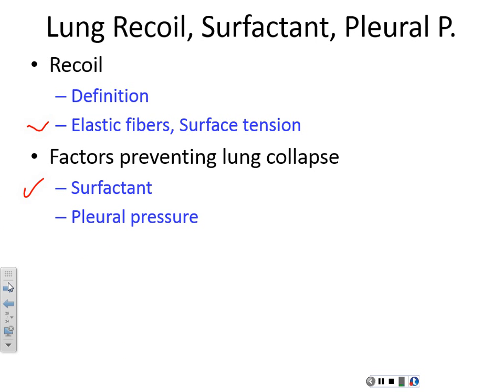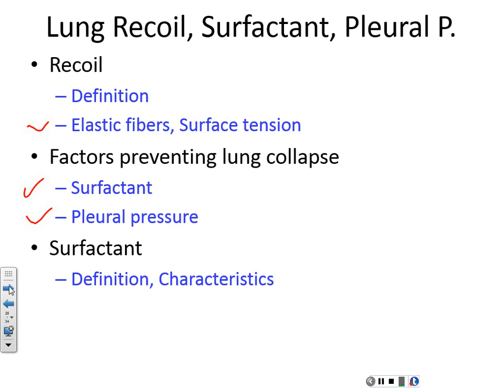It's got lipoproteins in it, and it's simply a matter of wedging some other molecules between the water molecules so that the attraction between the water molecules is not that much, and you can reduce the surface tension tenfold. And then the pleural pressure, of course, can be changed by removing or adding pleural fluid. Surfactant is literally a surface acting agent.